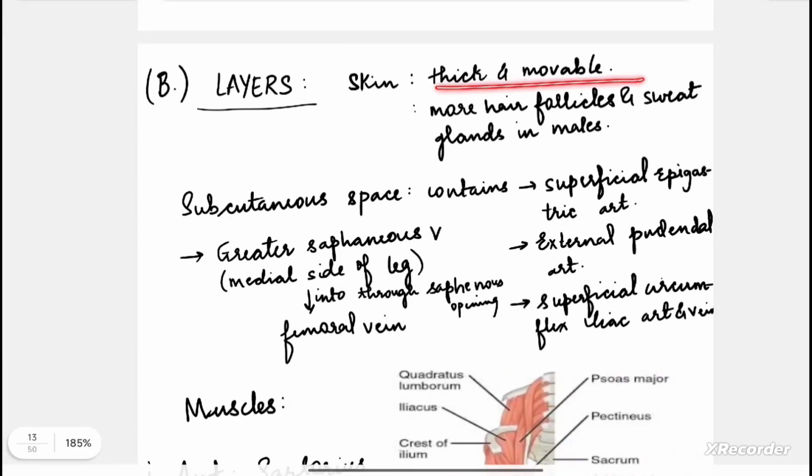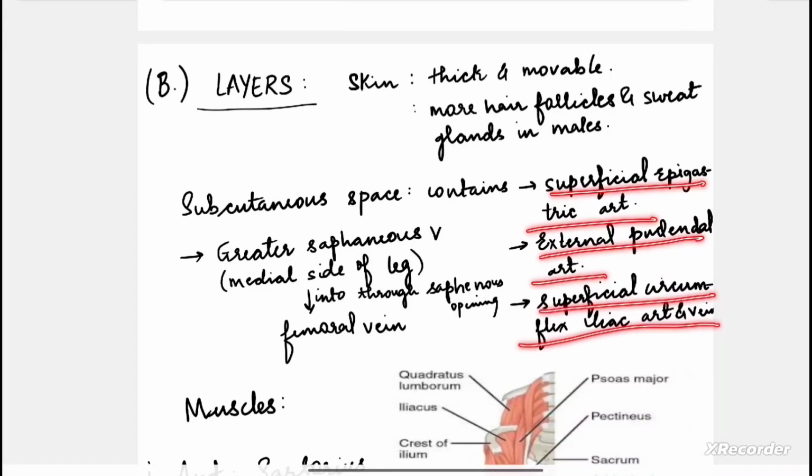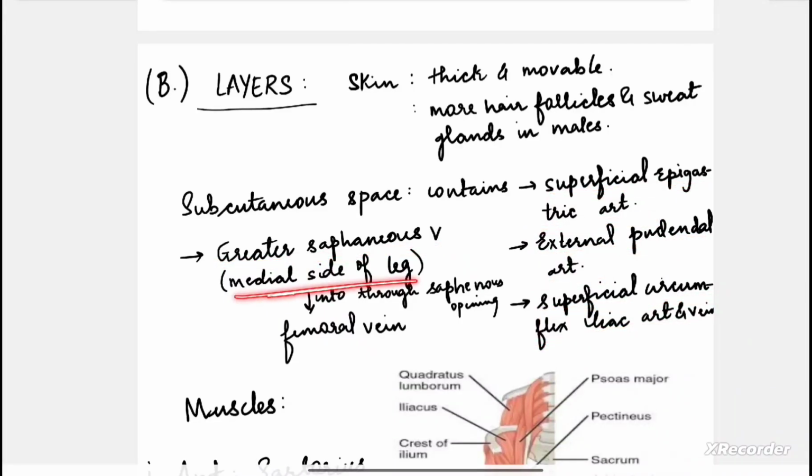Skin is thick and movable, with more hair follicles and sweat glands in males. Subcutaneous spaces contain the superficial epigastric artery, external pudendal artery, superficial circumflex iliac artery and vein, and the greater saphenous vein on the medial side of the leg, which passes through the saphenous opening and drains into the femoral vein.